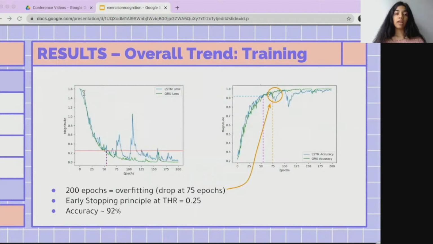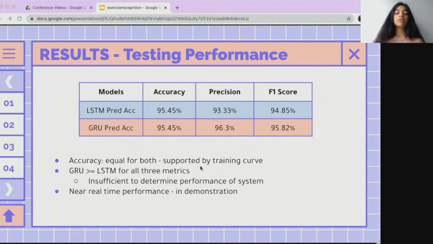And we see that at this threshold, the two curves intersect at the same accuracy. Therefore, results from training back this up. It can also be observed that the GRU outperforms the LSTM for all three metrics. However, this information is insufficient to make an observation on the general performance of the system.